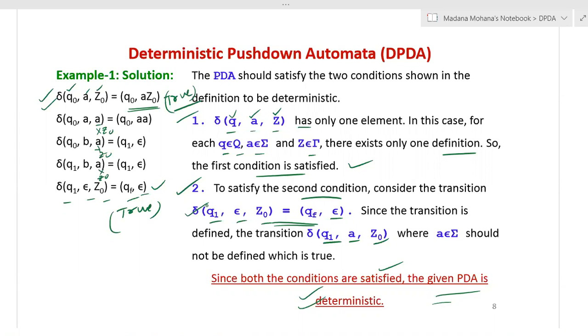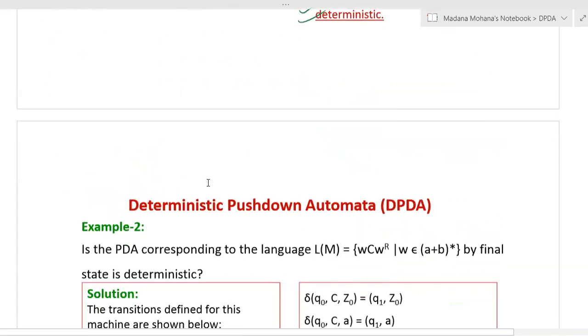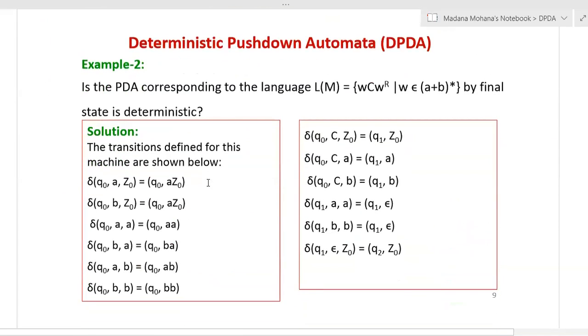Whereas in a deterministic pushdown automaton, from a state with an input symbol with the initial symbol of the stack, it has only one element. Then the second condition: from a state with empty input with the initial symbol of the stack, the stack is null, meaning it is always empty. If any PDA satisfies these two conditions, then it is said to be a deterministic pushdown automaton. Similarly, you can see one more example.